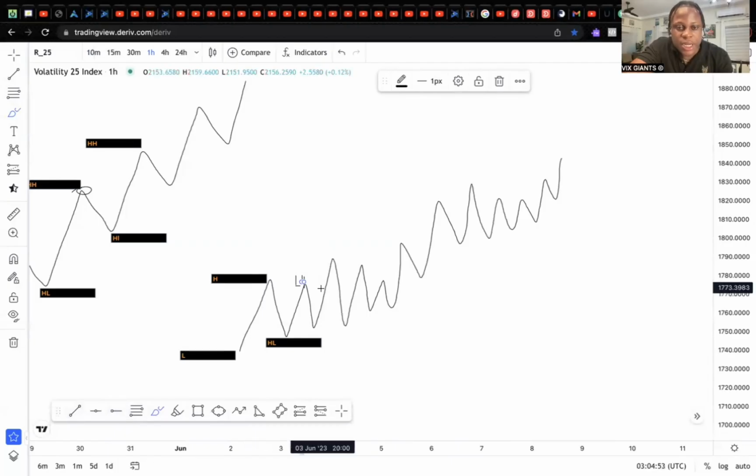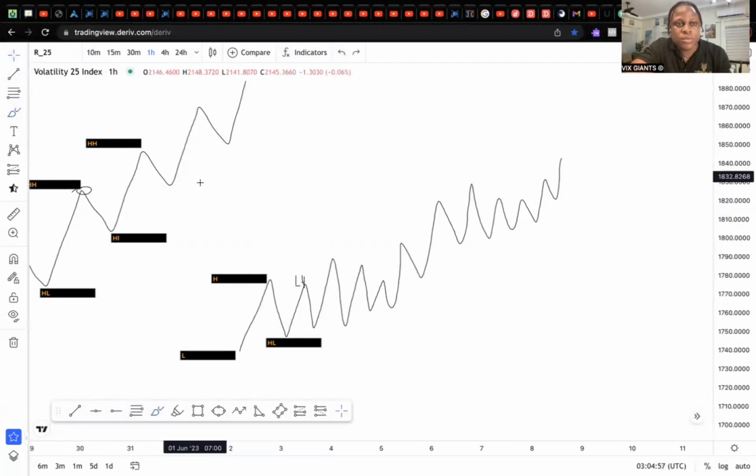So after creating that lower high point, we pretty much push down and created this point. As you guys can see, this point is slightly higher than the previous higher low. So that would have made this area a higher low. So we push from this higher low point and we're up here now.